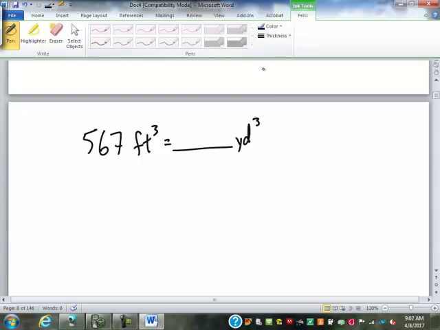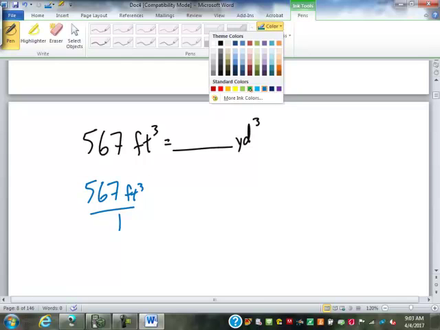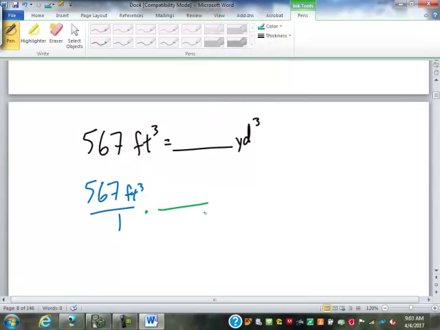How about this one? 567 cubic feet over 1 times cubic yard, or no, cubic yard over cubic feet. Yep.